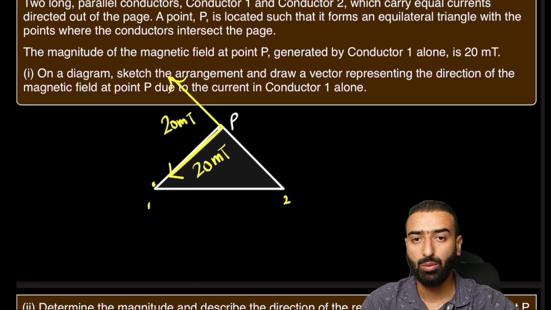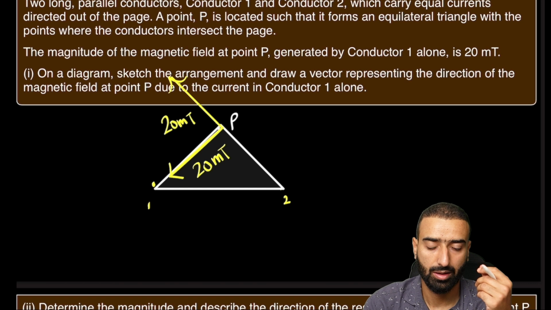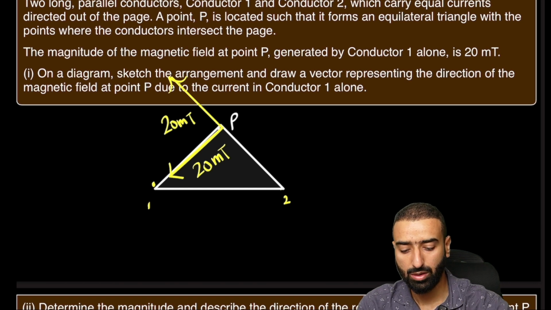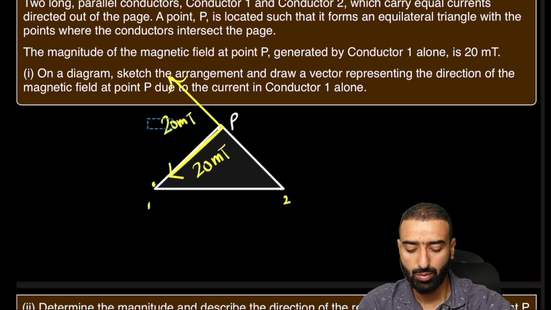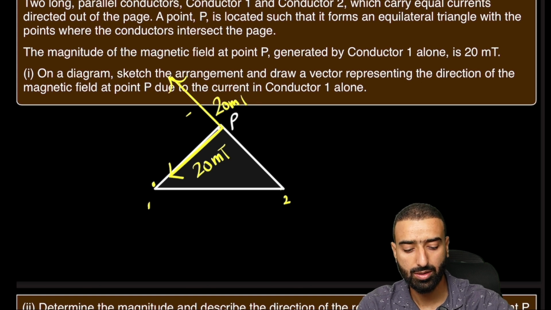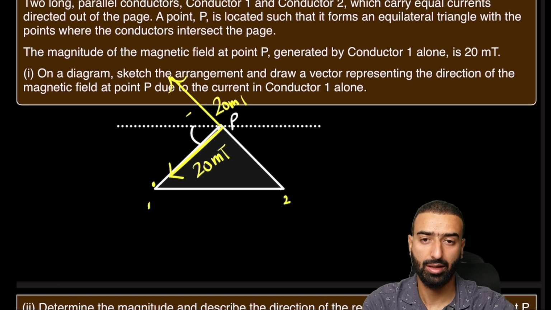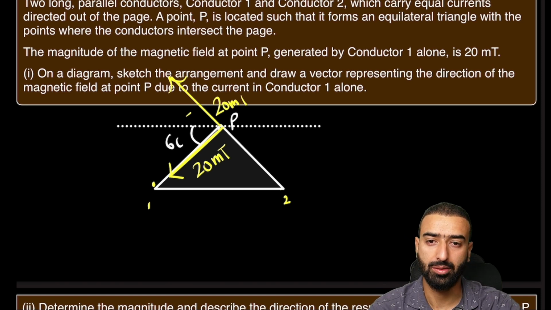Right? Now we want to find the total magnetic field. So what should we do? Well, the best way to do this is to take the components. I'll draw a dotted line, and I know this angle here is 60 degrees.